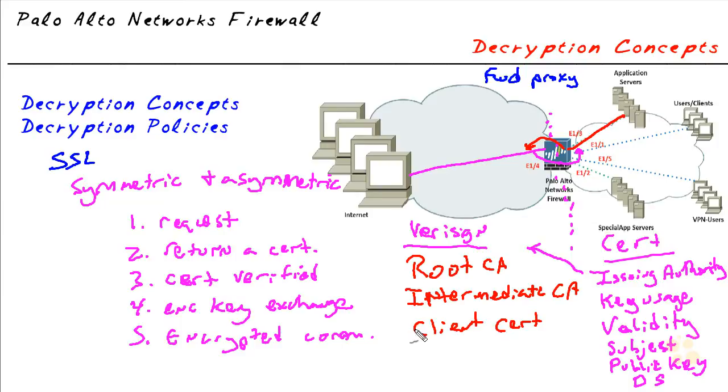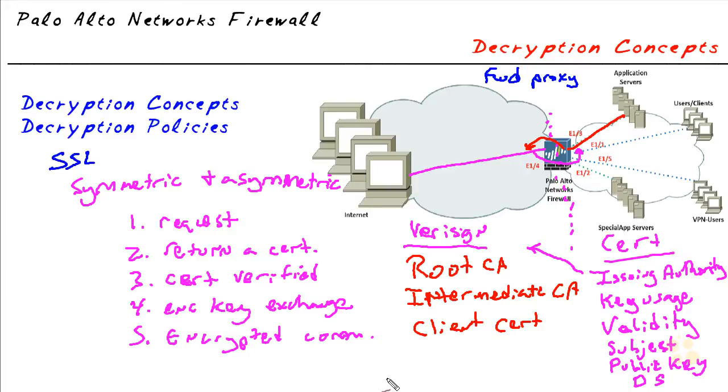Now, what we have to do for trust is actually trust the entire chain. Part of that, and an interesting thing in there, is it depends on how many intermediate CAs I have. On a Palo Alto, as an example, the trust limitation is set to 5. And really, we can't change that. I can't increase it beyond that. So if there are more than 3 intermediate CAs, I'm going to have an issue.